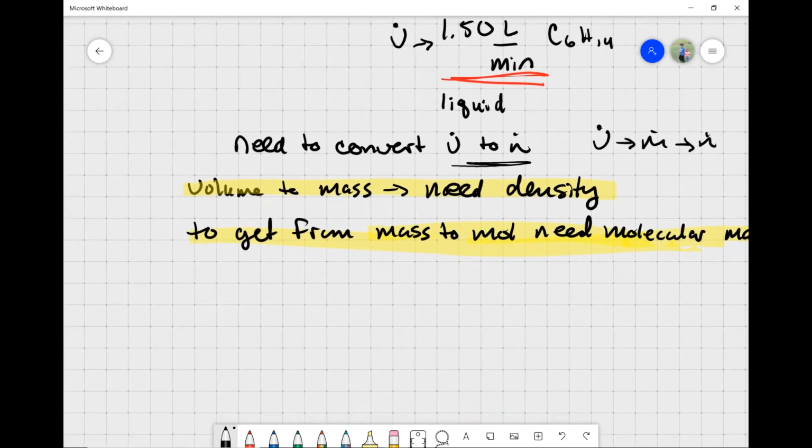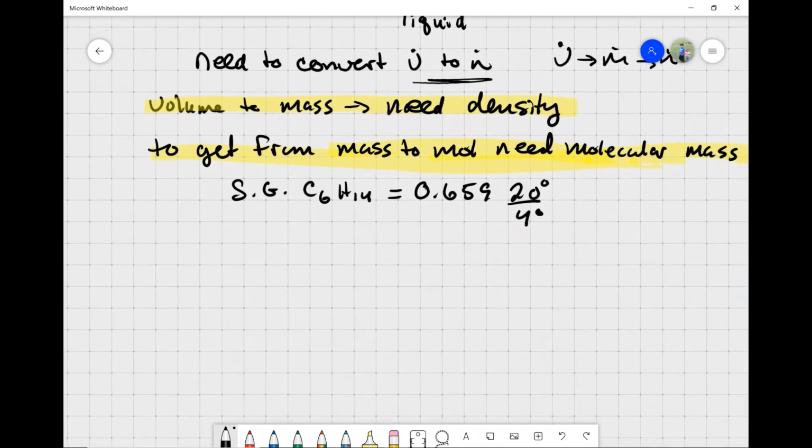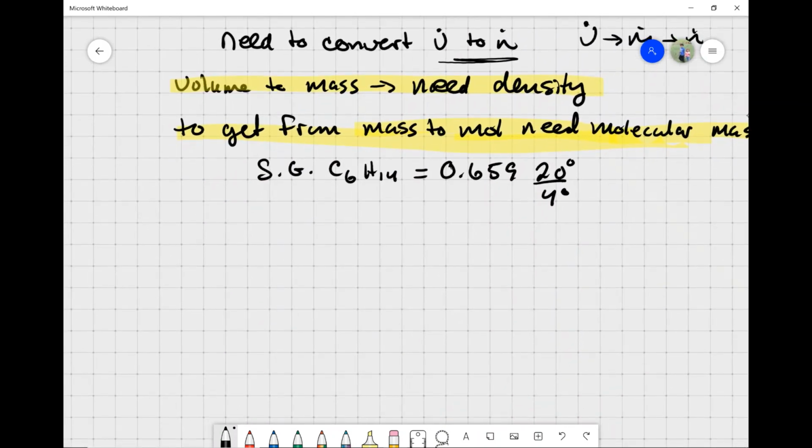To get to density, we're going to use the specific gravity. The specific gravity of C6H14 equals 0.659. And if we use the book's notation, let's figure out the density of C6H14.